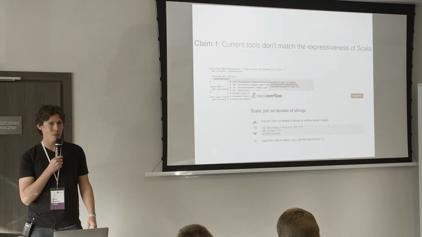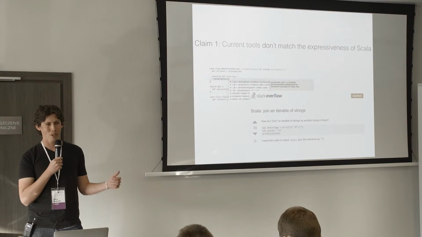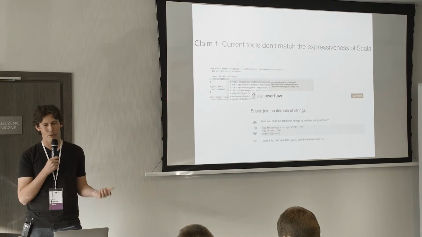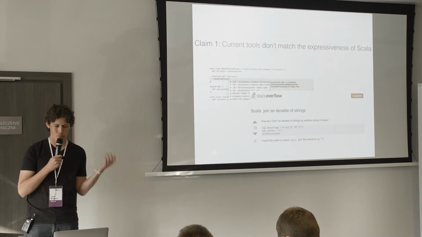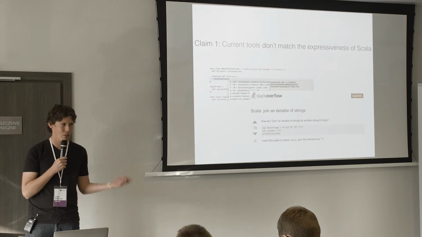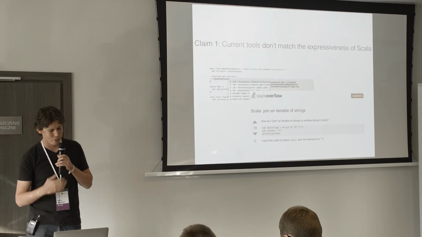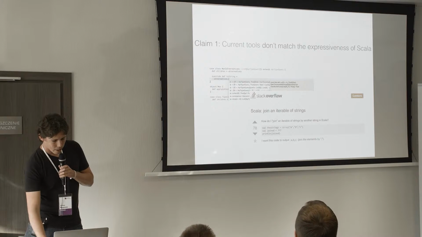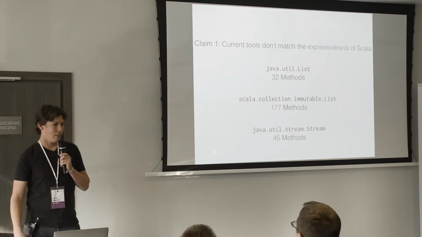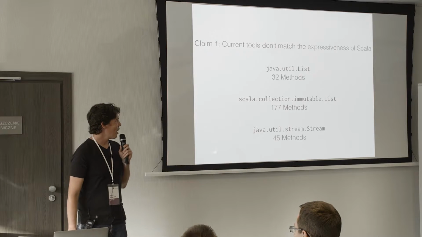My favorite example is makeString on a list, because I always forgot that it's called like that. I was used to join or something like this. What do I mean by expressiveness of Scala?